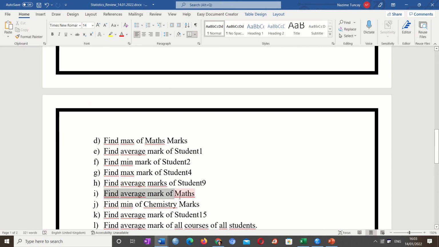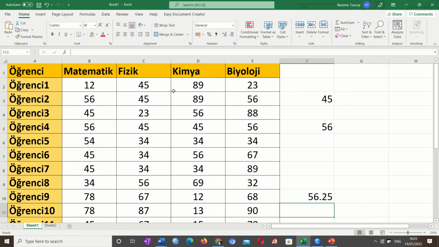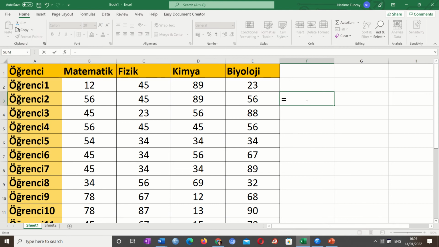So find average mark of maths. Okay, let's find the average mark of maths. So for mathematics, how can I find the average mark? Who's going to tell me? Yes? Equal sign. Average. Then open brackets. B2, 2 dots, B15.